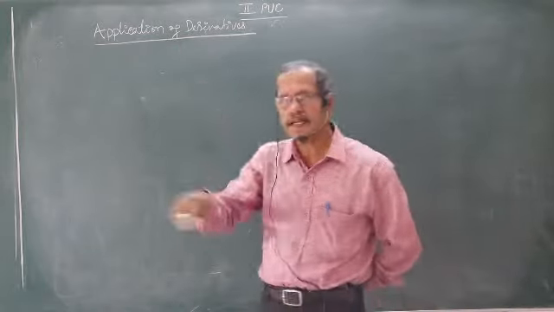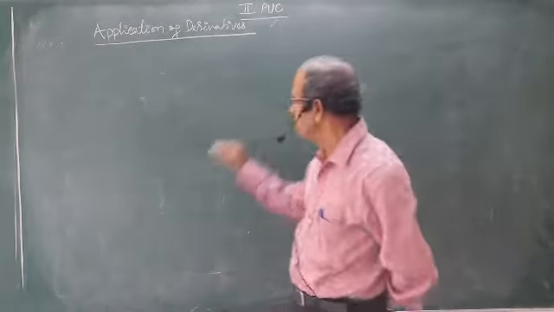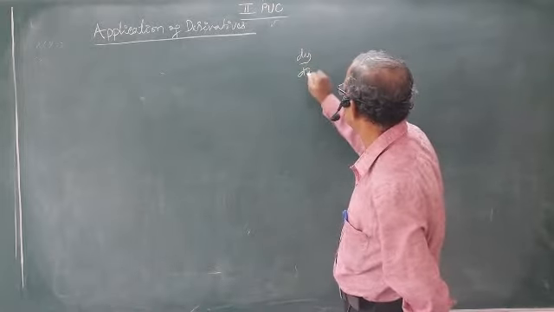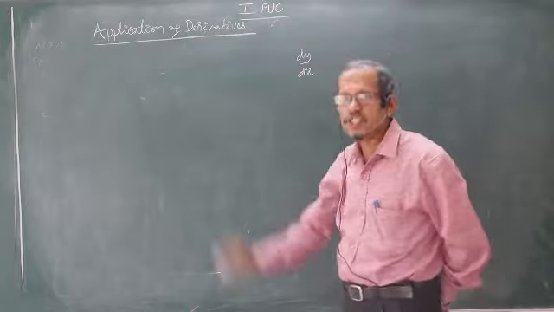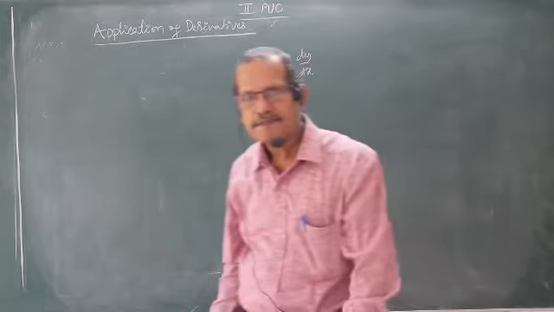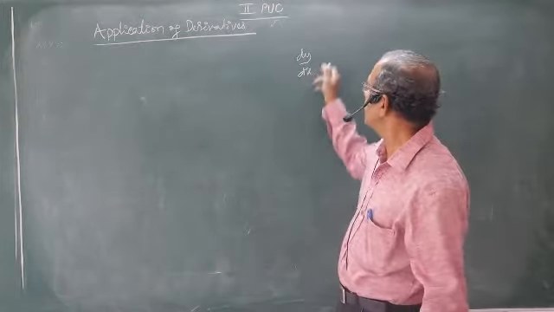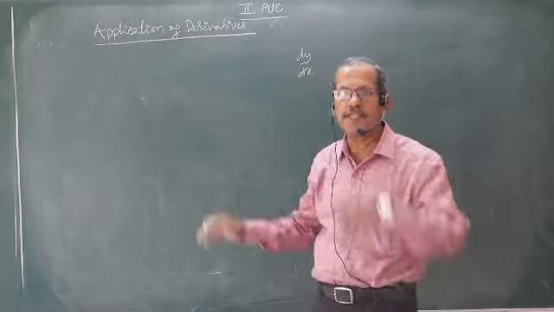Actually, derivative is nothing but a rate, that's all. Rate of change. You are writing dy by dx, no? dy by dx means it is the rate of change of y with respect to x. Throughout the topic, you have been calculating the rate of change of the given function y with respect to the variable x.